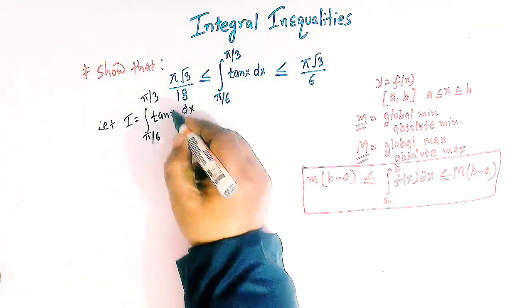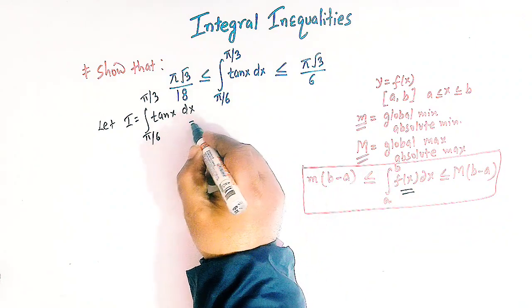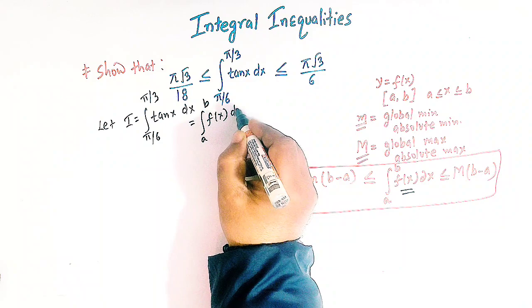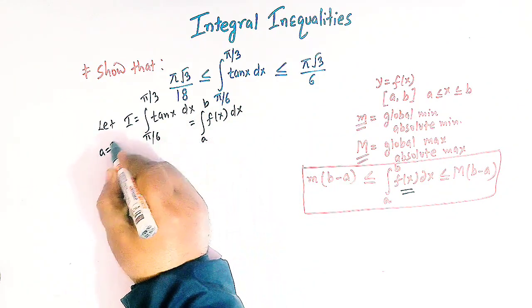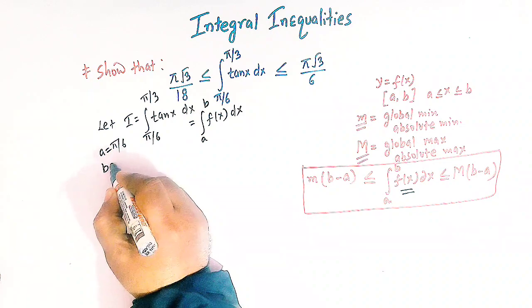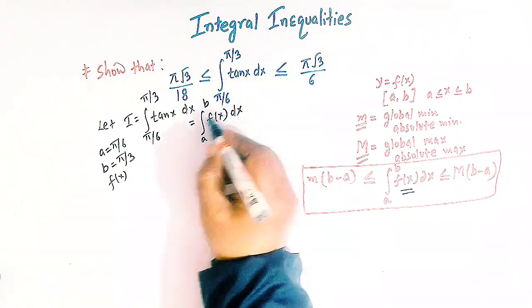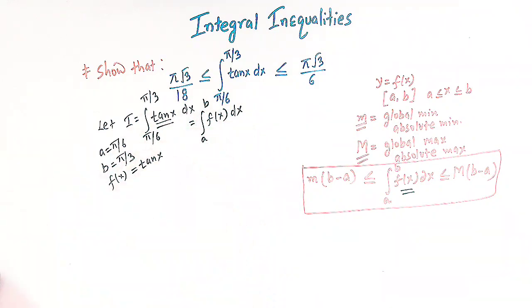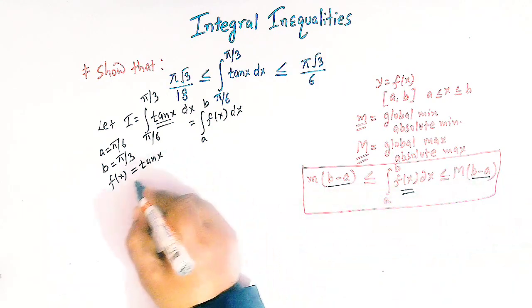So now this integral is our integral a to b f of x dx, right? So a is pi by 6 and b is pi by 3, and f of x is tan of x, right?